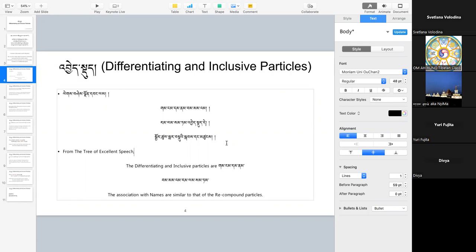If it's used in a statement in which the nature of the statement is to include, it's called the inclusive particle. So the significance is strongly inclined towards the nature of the statement, rather than the particle.